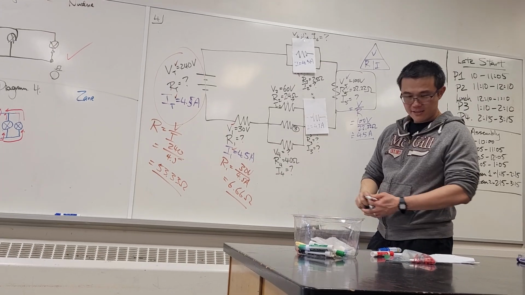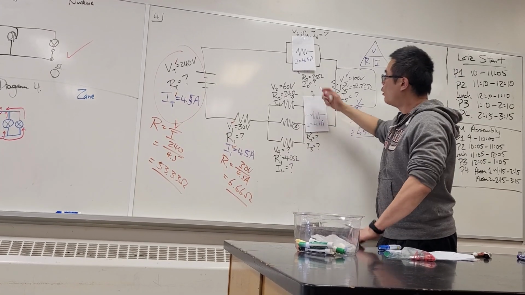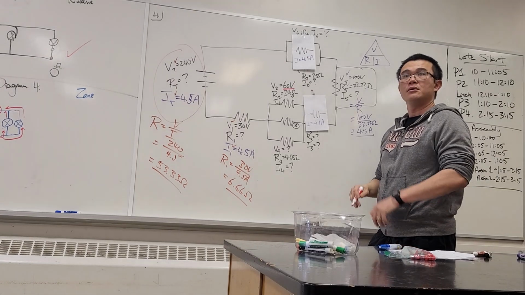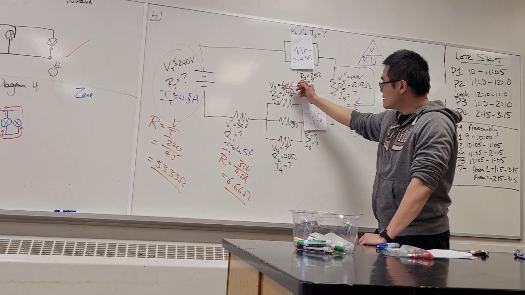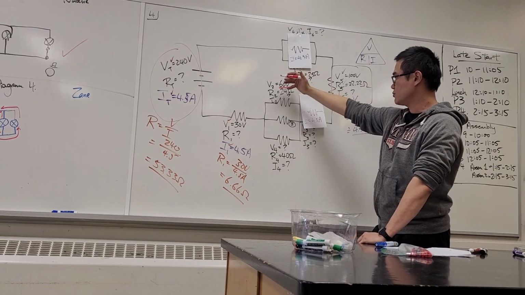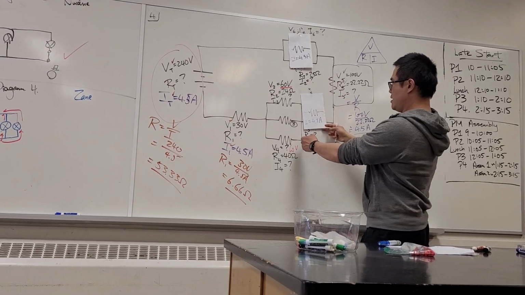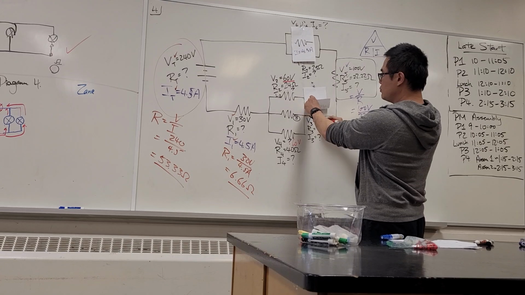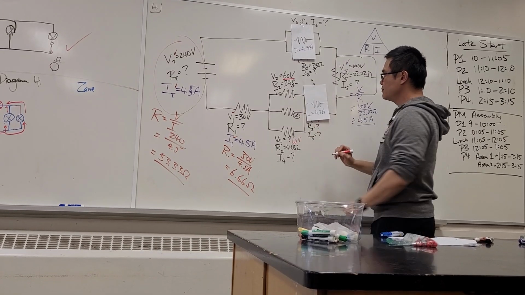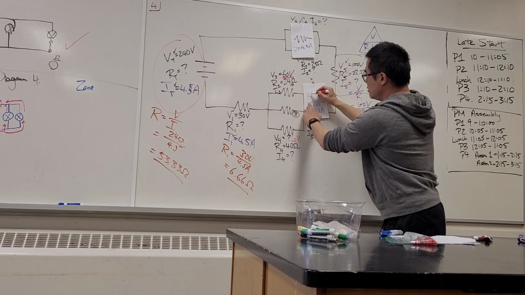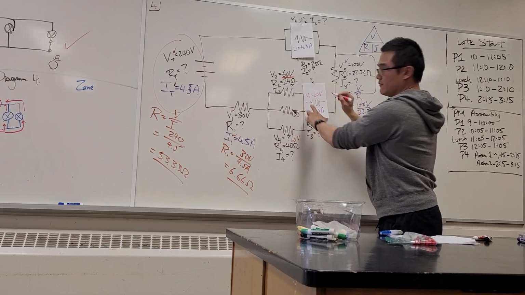They did give us one of the smaller voltages, V2, being 60 volts. So if this is 60 volts and this is a parallel circuit, this here would also be 60 volts. And this guy here, V3, will also be 60 volts. And the total voltage of this section would also be 60 volts.